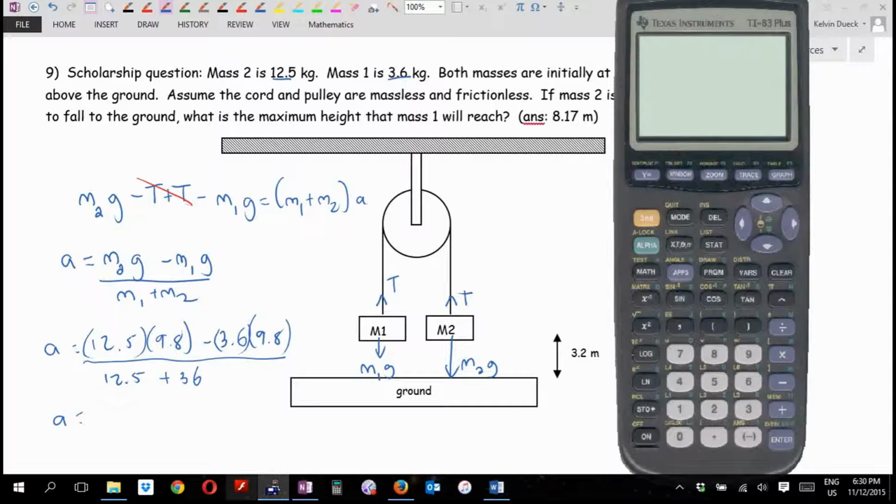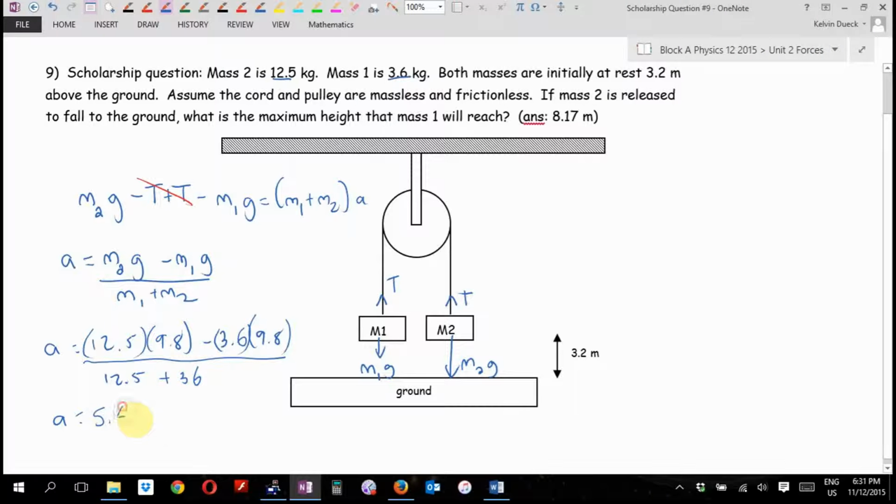So 12.5 times 9.8, take away 3.6 times 9.8, divided by 12.5 plus 3.6. Now that shouldn't be anything new. We've done this before. A equals 5.4174 meters per second squared.